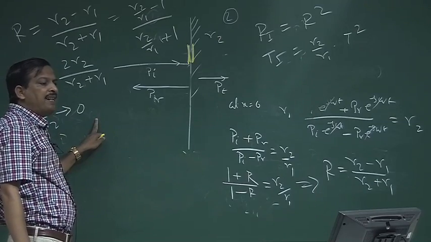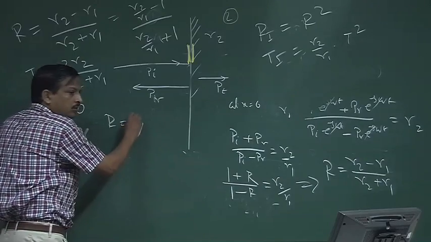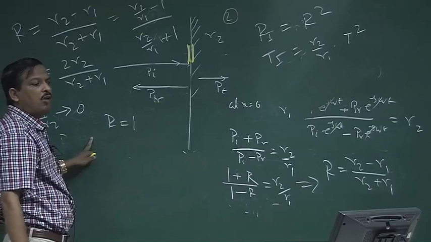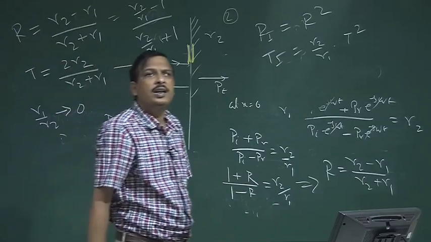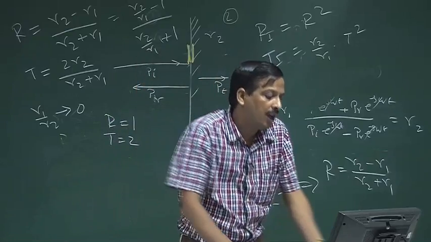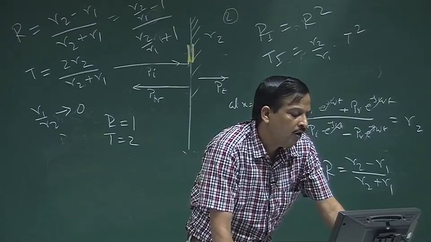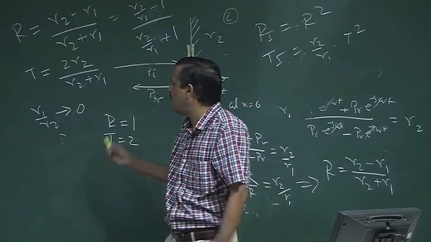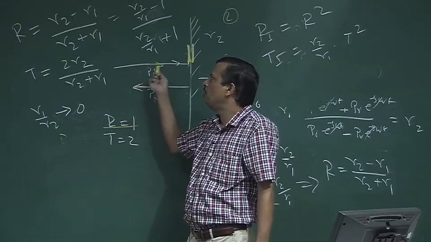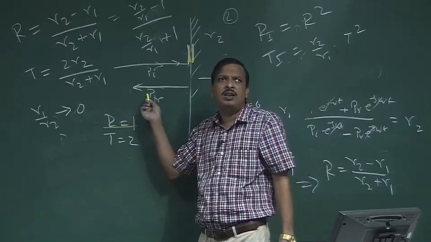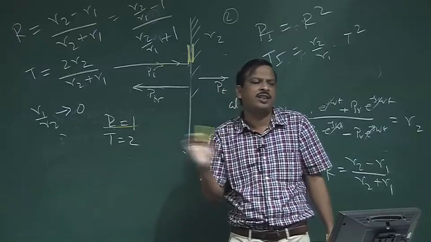So the wave is reflected with no reduction in amplitude, then R will be 1 and T will be 2. Okay. So what is the meaning? The meaning is that the wave is reflected with no reduction in amplitude, R is 1, and no change in phase. So for the pressure coefficient R equal to 1, the reflected pressure wave and the incident pressure wave will have the same amplitude and no phase change, because R is plus 1, that means no phase change has happened.